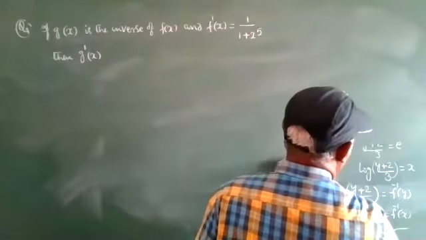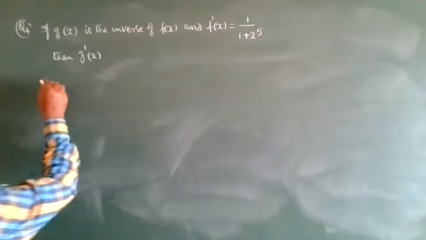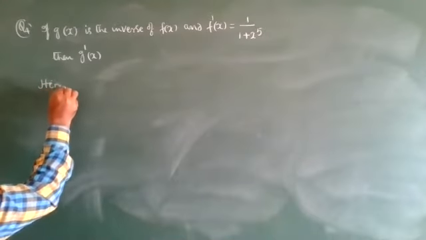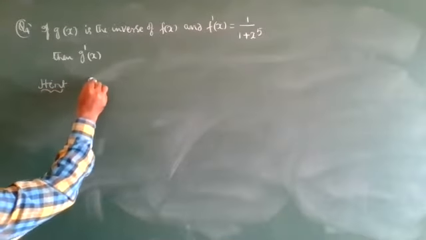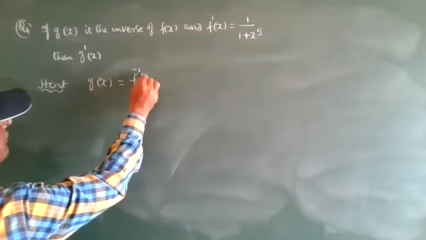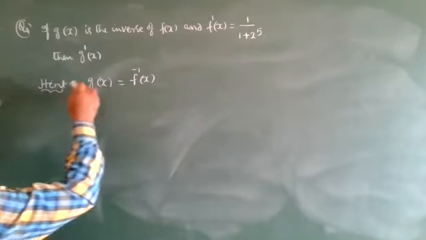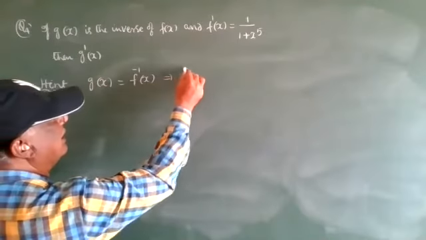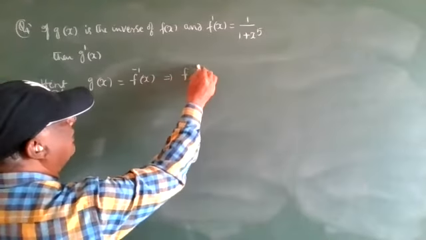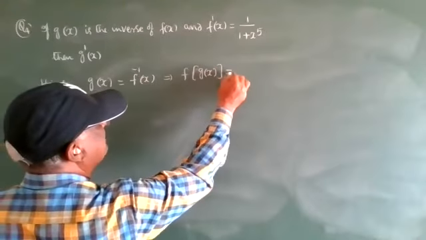Everyone observe. g of x is the inverse of f of x, that is, g of x is equal to f inverse x. Bring f inverse to the left hand side: f of g of x is equal to x.